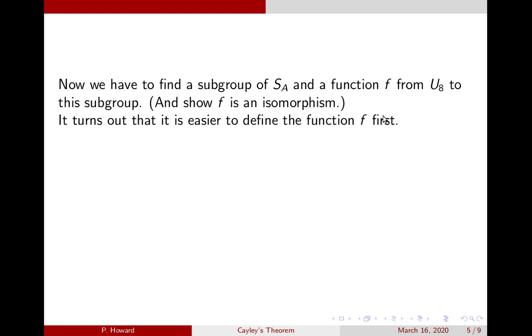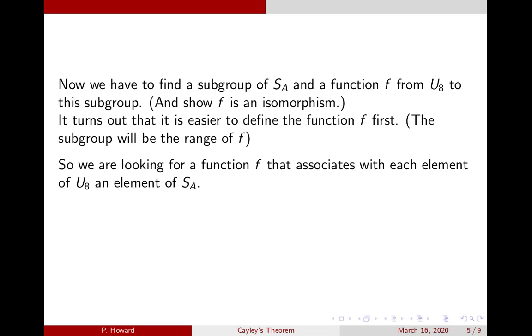It turns out it's easier to define the function f first rather than find the subgroup of S sub A. Once we get the function f defined, the subgroup will just be the range of f. So we're looking for a function f that associates with each element of U sub 8 some permutation of the set A.